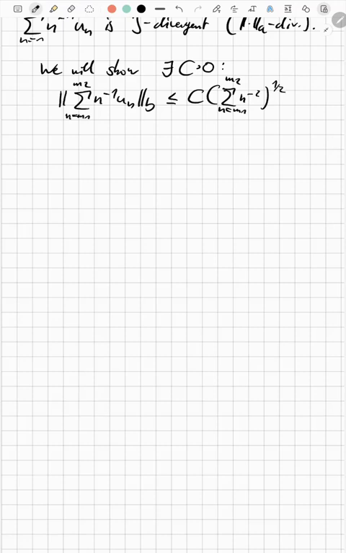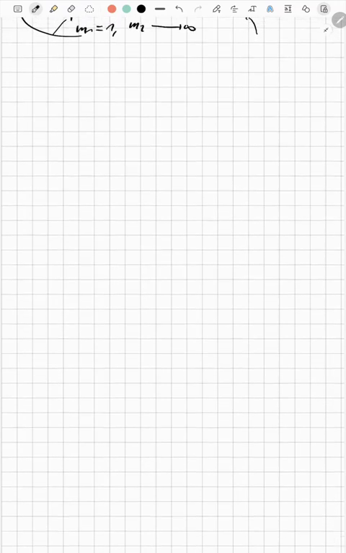And this will be a contradiction, because if we let m1 be equal to 1 and then let m2 tend towards infinity, this right here will converge and this right here will diverge. And that's a contradiction because of this sign right here.